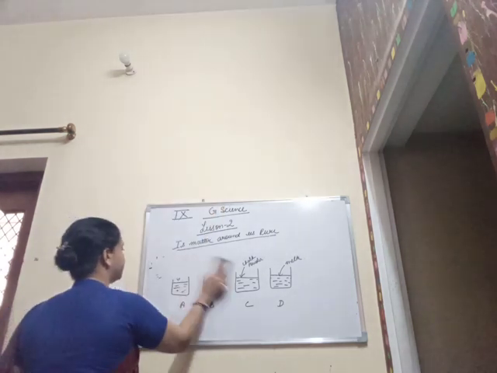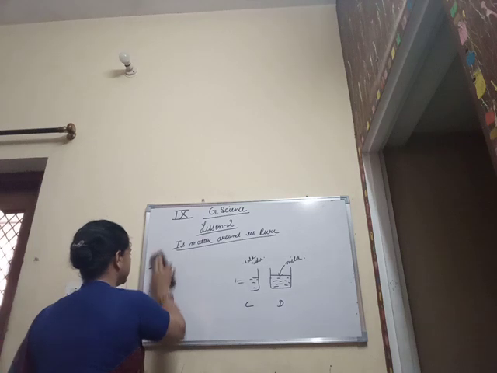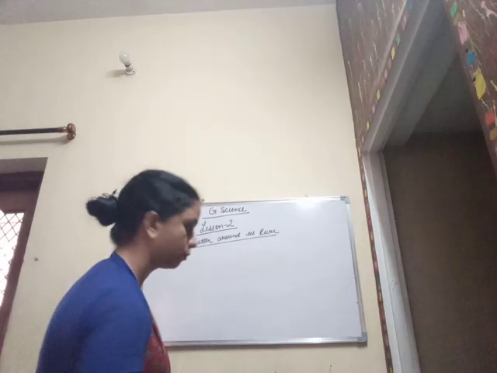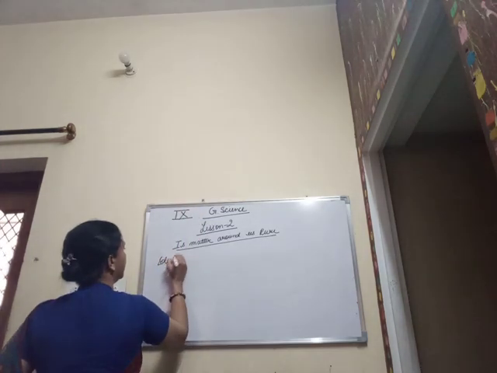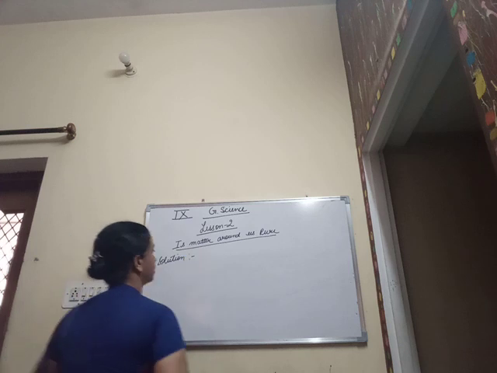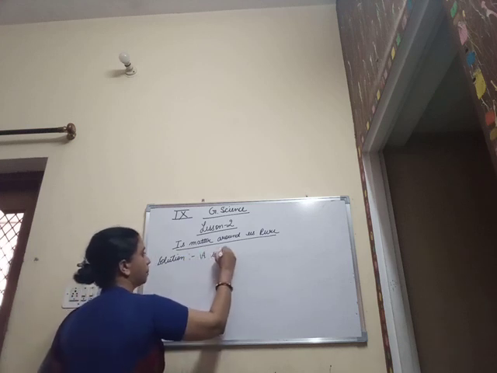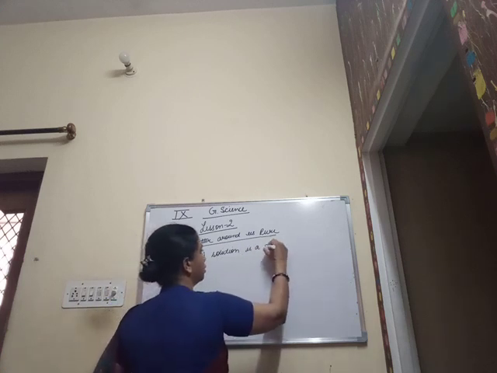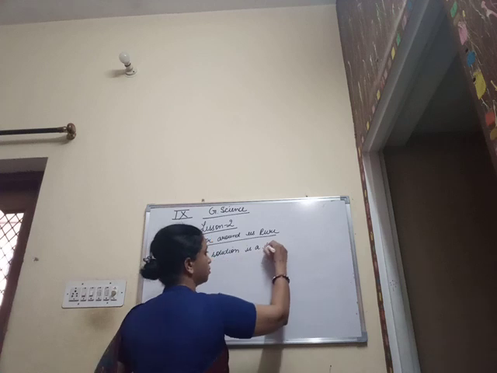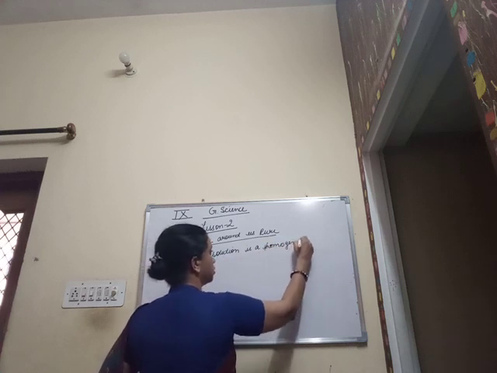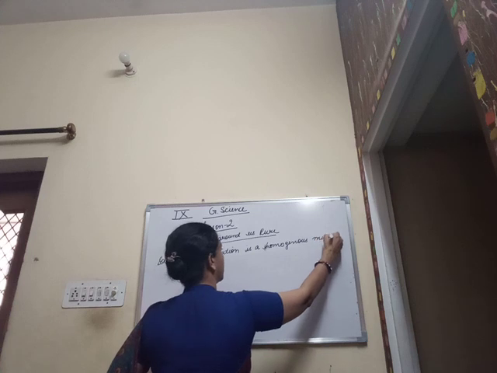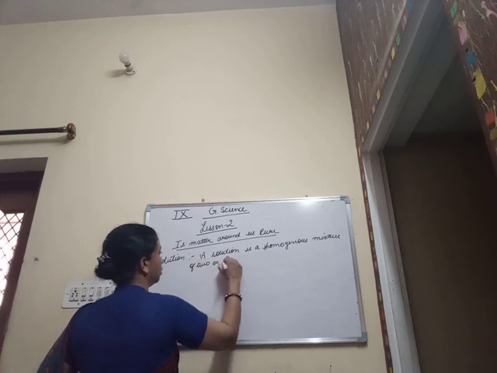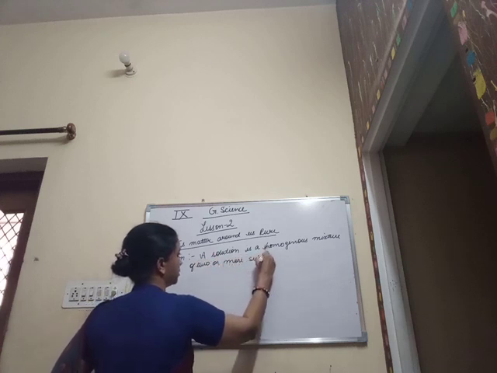So now we are going to discuss what solutions, suspensions, and colloids are. Accordingly, a solution is a homogeneous mixture of two or more substances.